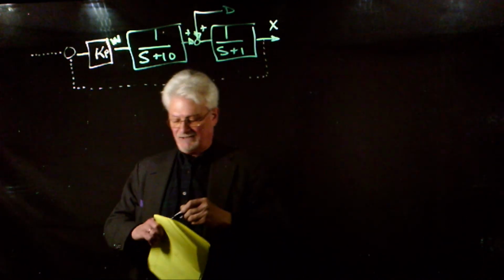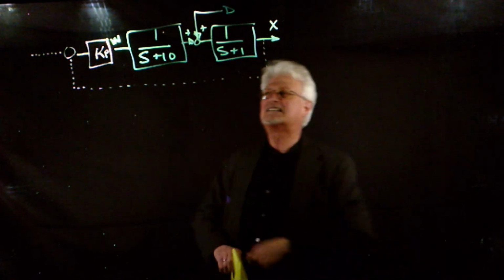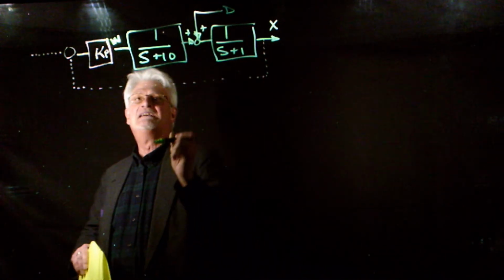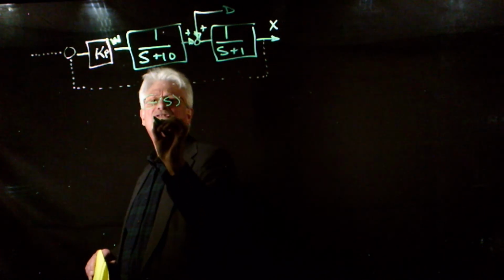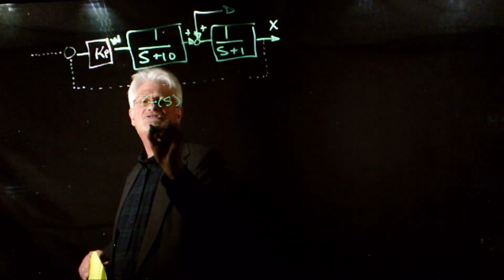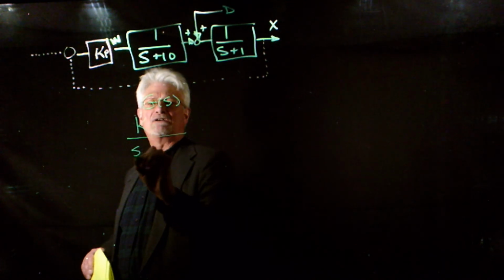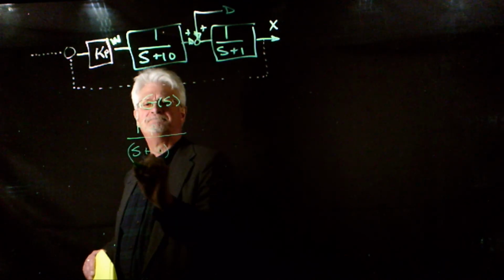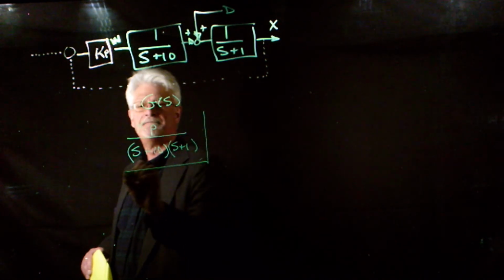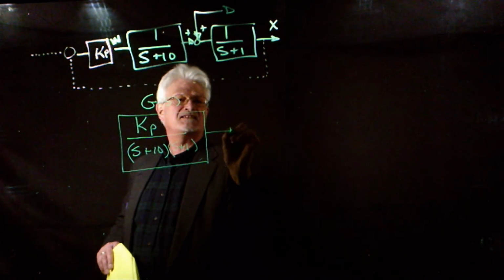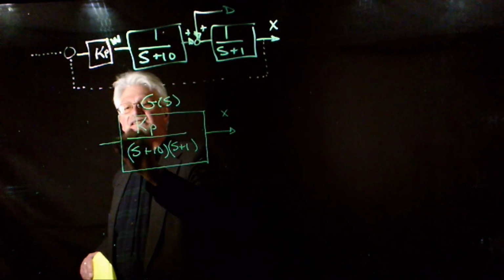The next step is that they just say, I'm going to tell you that G of s is going to be Kp over (s plus 10)(s plus 1).